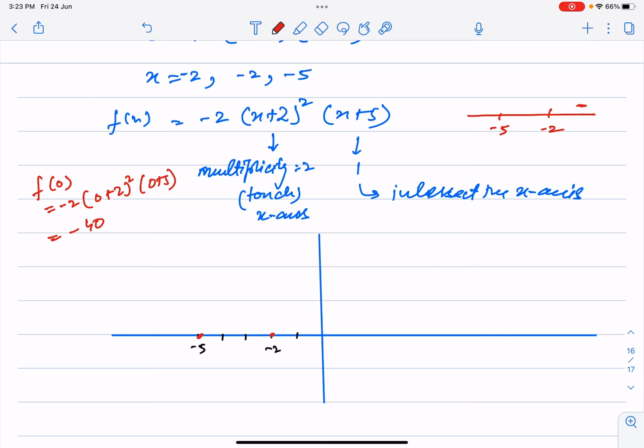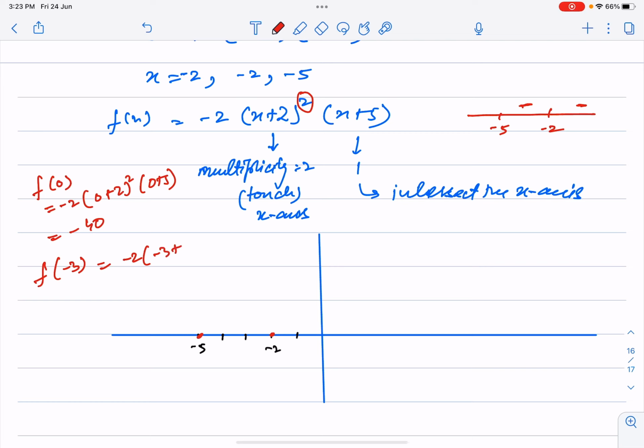Again, as I told you, if it is a square even, then the sign won't change. You can put any value, you can see also. Suppose I put minus 3 between minus 5 and minus 2. So minus 2 into minus 3 plus 2 square into minus 3 plus 5. This is minus 3 into 1 square, and this is 2, so it is negative 4. So that is their sign negative, right?